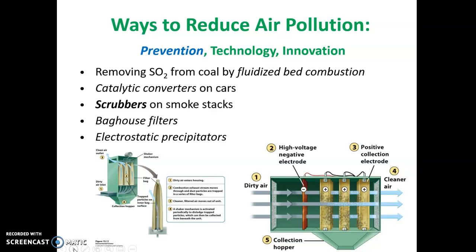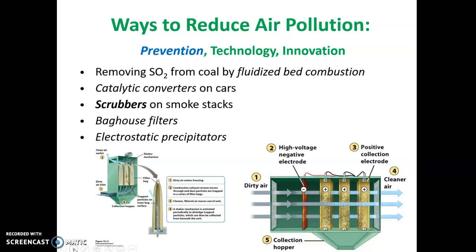So if we used fuel that had fewer impurities, so if we had a coal burning plant that had less sulfur in the coal, then we would produce less air pollution in the first place. Also, if we increase efficiency of some of our industrial processes, we can prevent more pollutants from entering the atmosphere or being produced in the first place.